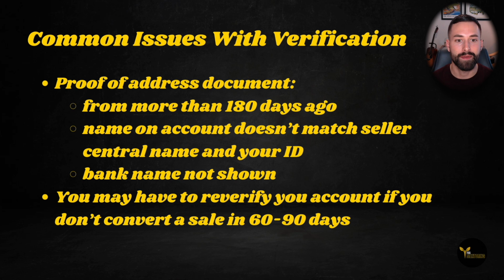If you put your parents' address on there and not your permanent address, they will send all the documents and address verification stuff to your parents' address. If that doesn't match what's on your ID, then you're going to have some trouble. So just make sure all of that matches your name and your address to your ID. And then lastly, make sure the bank name is shown on your documents. Just make sure it's credible, shows your bank name and address if applicable.